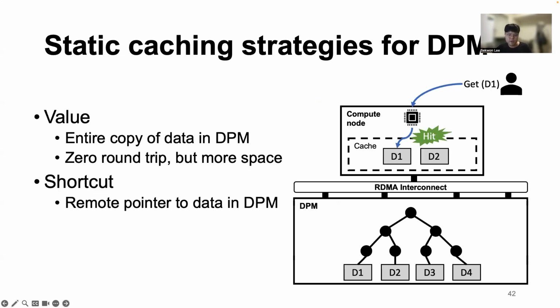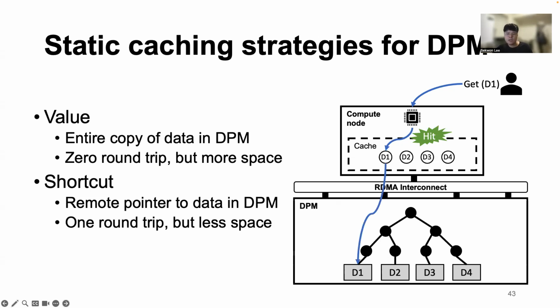But they have different trade-offs. For example, when caching values, the compute nodes can access everything locally without round trips at caches, but it requires more cache space than shortcuts, causing higher capacity miss.